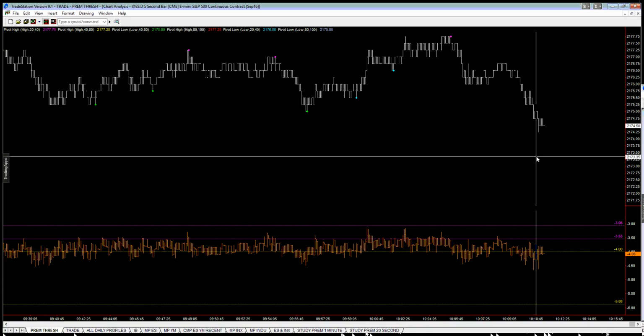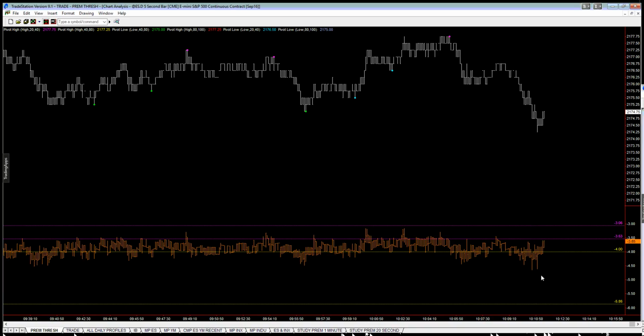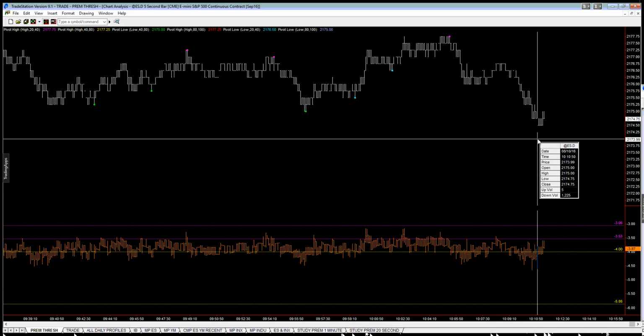See how that first bar, nice drop in the premium. That price needs to be tested.